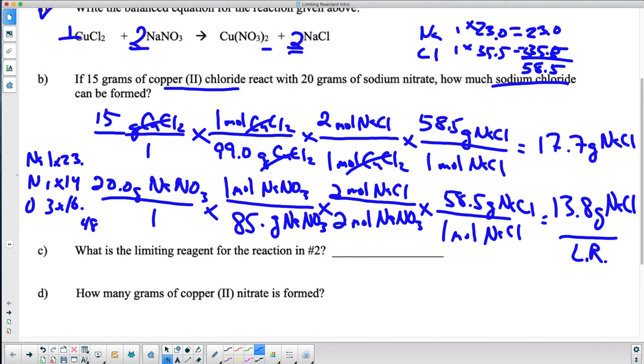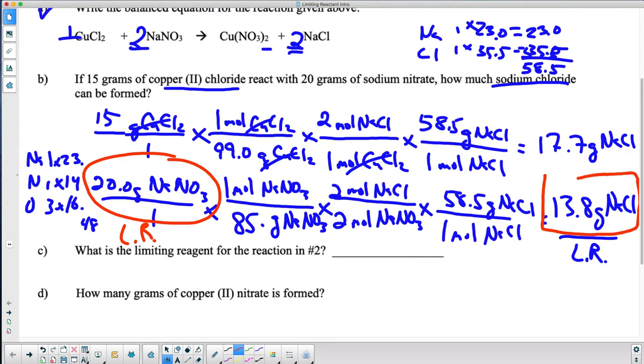That means the 20 grams of sodium nitrate runs out first, so this right here is the limiting reactant. So when it asks how much sodium chloride can be formed, the answer is always determined by the limiting reactant, which means 13.8 grams of sodium chloride can be formed.